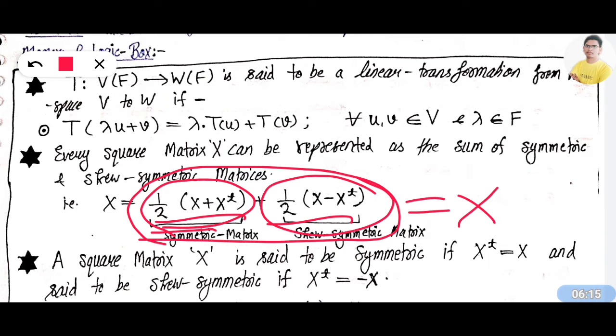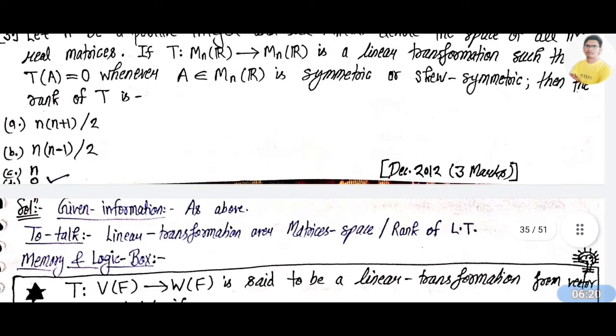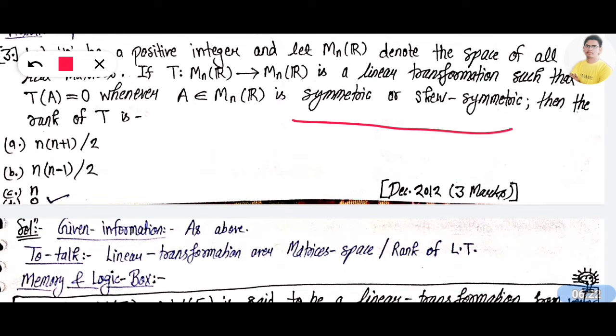You know about this result. So whenever you read about symmetric and skew symmetric together, and you have to deal with any n cross n square matrix A, you must recall this result: for any matrix A, you can split it into symmetric and skew symmetric parts.